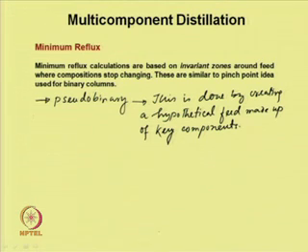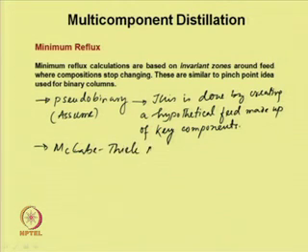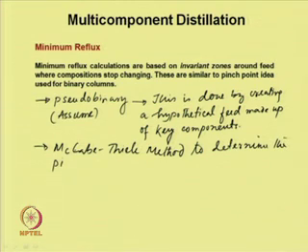First, we have to assume a pseudo binary system, and then we can use the McCabe-Thiele method to determine the pinch point and minimum reflux.